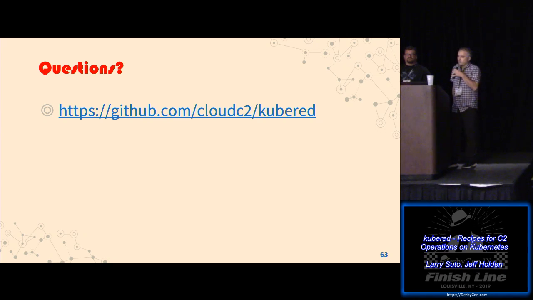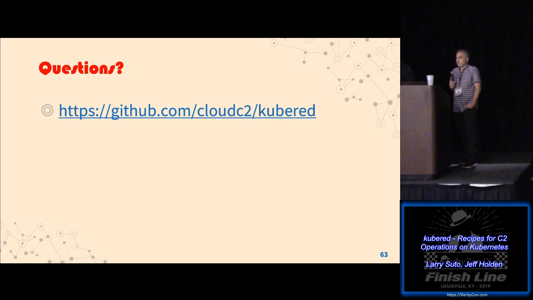It's going to have the basic kubered script, the full Cobalt Strike deployment, the Helm chart for Cobalt Strike, and maybe the Merlin chart as well if I can get it done. But that's coming, it's almost done. And over the next few weeks, we'll try to do some more C2. And yeah, that's basically it.